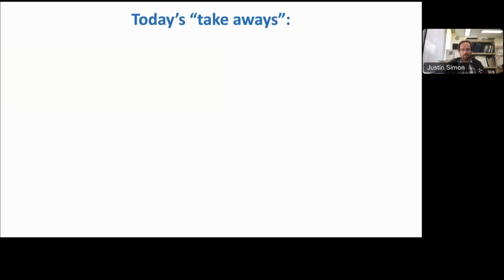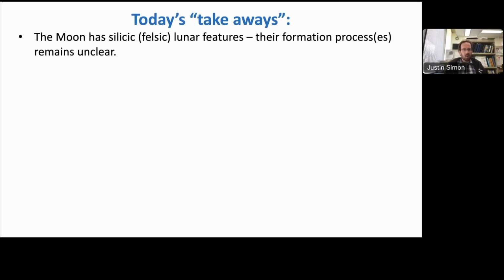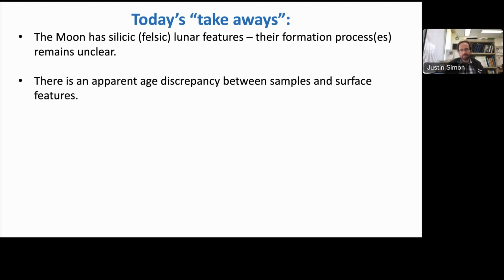So because we sort of have two themes going on here and lots of samples, I wanted to present a couple of takeaway points. This is when your ears perk up, this is what I want to get across today. The moon has silicic features. However, their formation processes remain unclear.